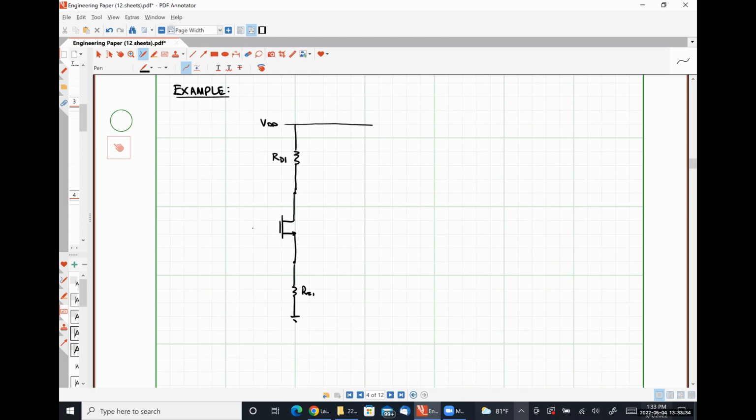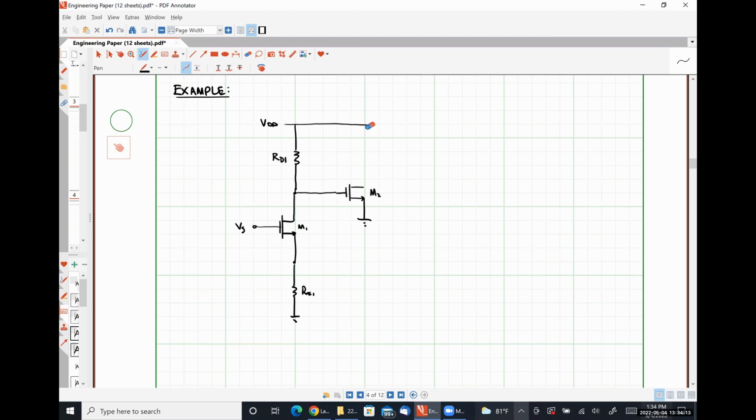So I ostensibly have some sort of degenerated common source amplifier because I'm applying my input signal Vs here and I'm taking my output at the drain. But to make our lives harder and actually apply some sort of feedback, I'm going to introduce another MOSFET. So let's call this guy M1, this guy M2.